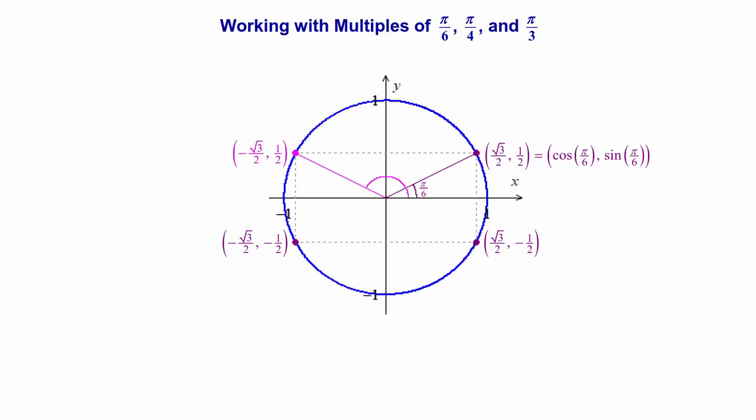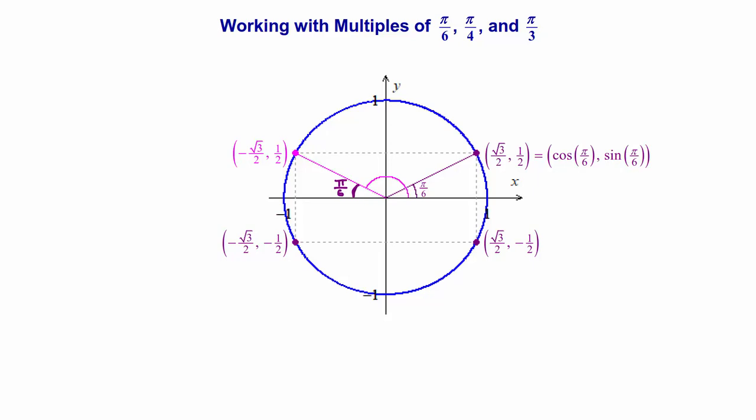So let's start by focusing on the quadrant 2 angle. If we can figure out what angle this is, then we'll know what the sine and cosine values of that angle are. What's left over after this pink angle is pi over 6. That's how we get this symmetry. What's left over is the same size as the original angle, pi over 6.